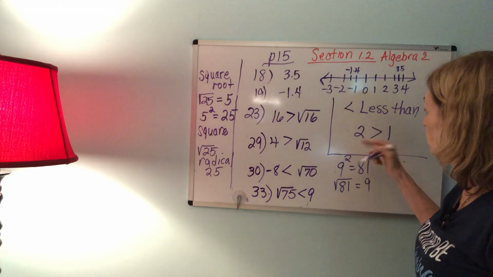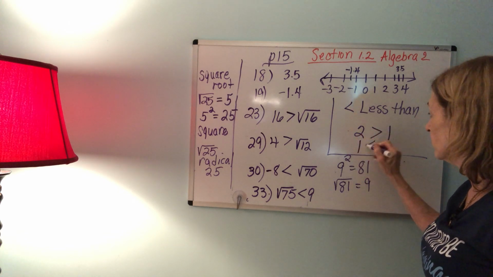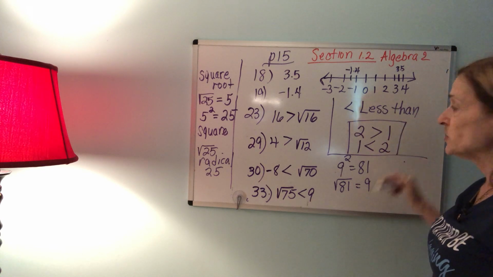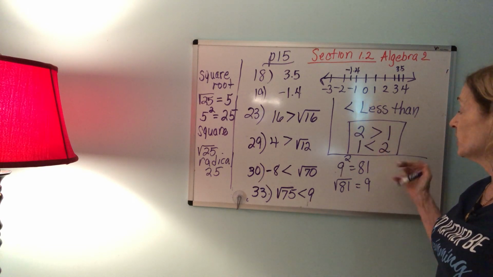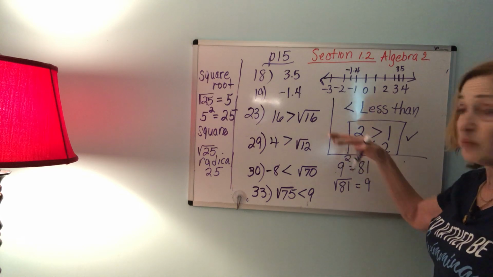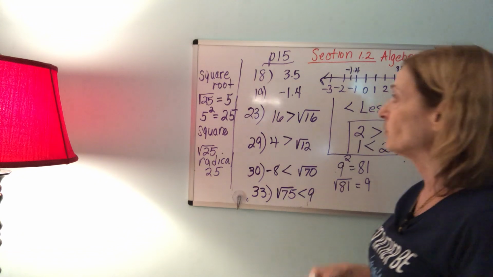So this must be 2 greater than 1, 1 less than 2, okay? So keeping examples, maybe this is something you keep in your notebook to remember. Maybe this, less than, and you could write out greater than.